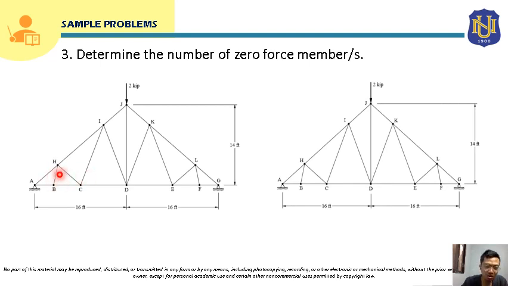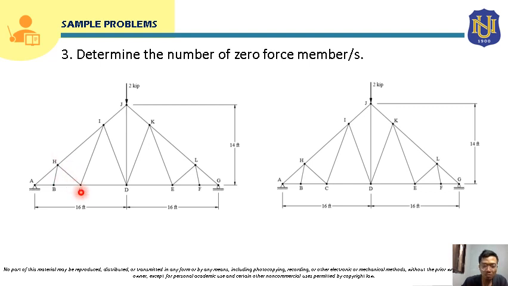So if this is already a zero force member, here at joint H, if we know already that BH is a zero force member, there will only be 3 members here: member AH, member HI, and member CH. So here we can also apply case 2, since 2 members here are also collinear, so the member that is not collinear will be a zero force member. So member CH is a zero force member.